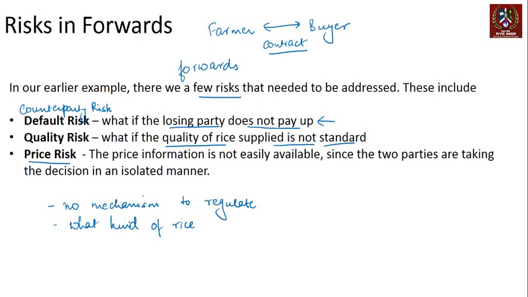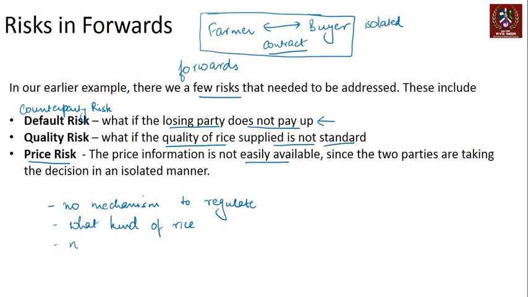Now, what is price risk? This information is not easily available since these two parties are trading in an isolated manner. There is no mechanism whereby the farmer and the buyer have access to information on the price of rice in another market.